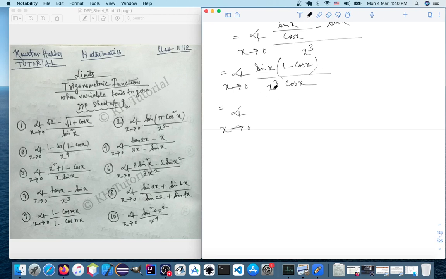So 1 minus cos x is 2 sin square x by 2, and we have sin x and x cube cos x. Okay. So let's bring the 2 outside.